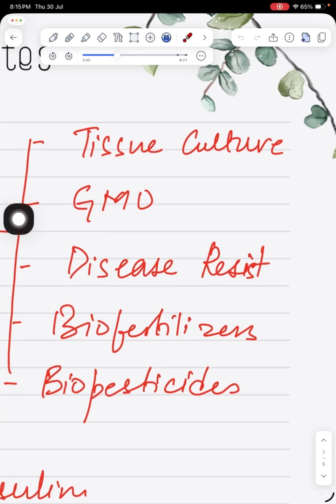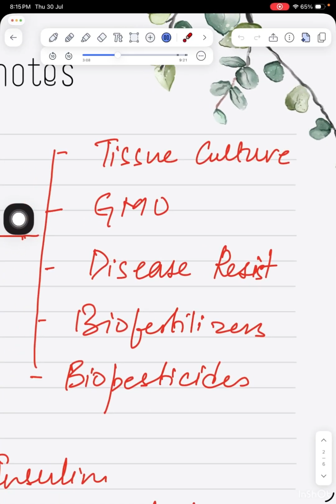So in agriculture, with the help of tissue culture, we generally produce important crops which are very rare and not available at every place. With the help of tissue culture, by giving them an artificial environment of light and temperature, we produce different forms of plants. Genetically modified crops, yes, it is one of the techniques by which we create new crops or organisms.